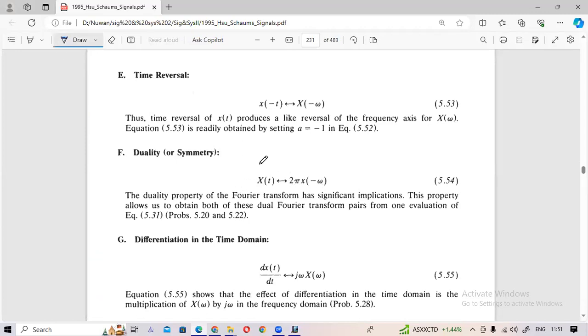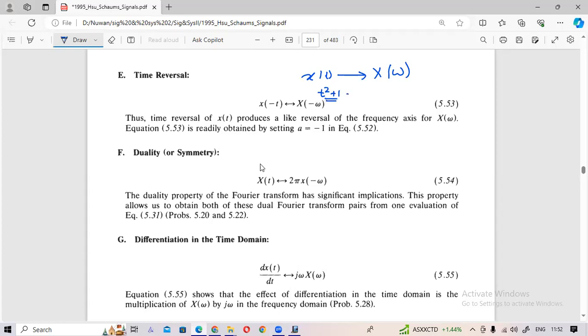If you have any signal, here this one is capital X(t) and this one is simple. Let's say you have a signal x(t). If you get the Fourier transform of this signal, you will have X(omega). For example, you have a t squared plus 1, this kind of signal.